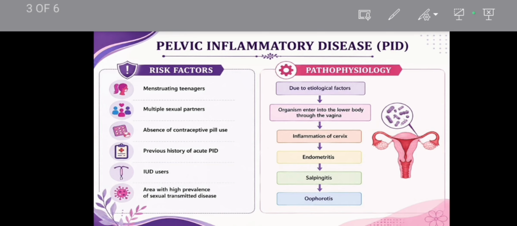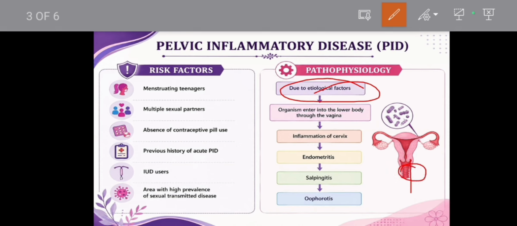Now let us understand the pathophysiology. Due to the etiological factors, the causative organisms enter the lower genital tract and move upwards. There is ascent through the cervix, and this causes inflammation of the cervix.